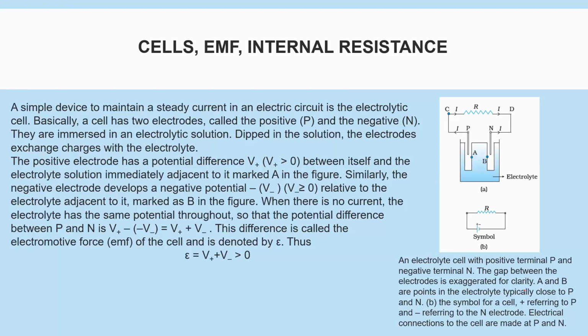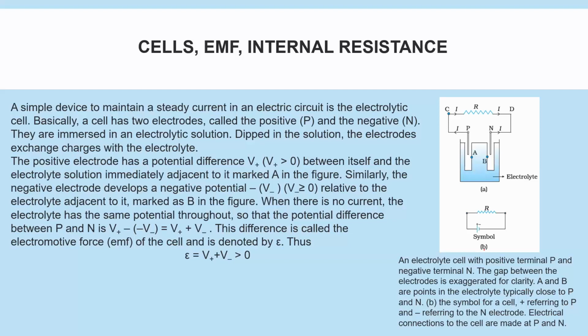The device that is used to maintain a steady current in an electric circuit is actually an electrolytic cell. In an electrolytic cell, you usually have two electrodes, positive and negative, and it is filled with a solution called an electrolytic solution, which has negative ions and positive ions in it.